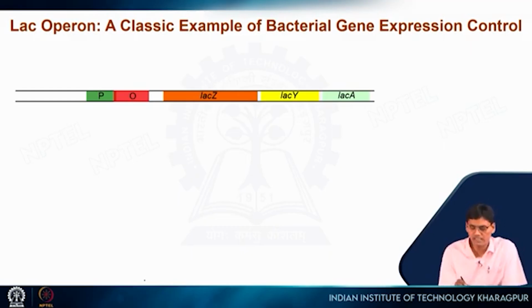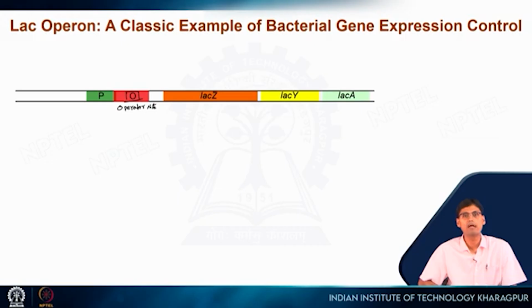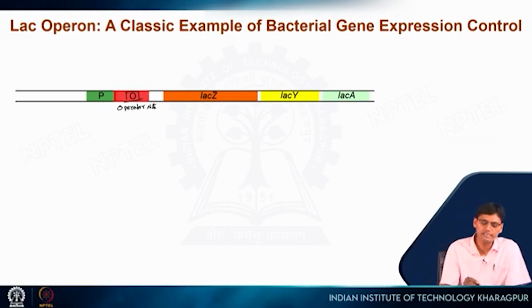Although I mentioned lac Z, lac Y, lac A and the promoter site, I didn't mention the operator site. You can see it is marked O here. This means the operator site is present on the DNA in this lac operon. At this operator site, one protein will be present and bind.